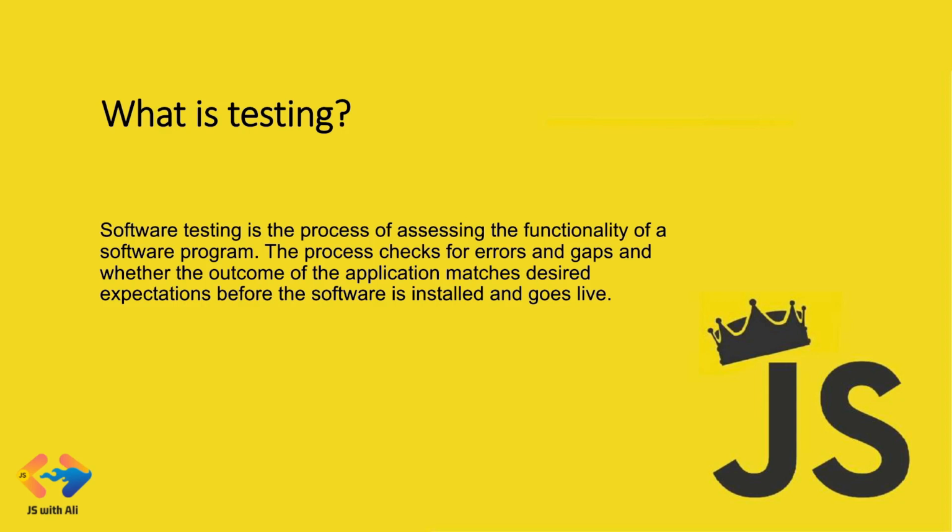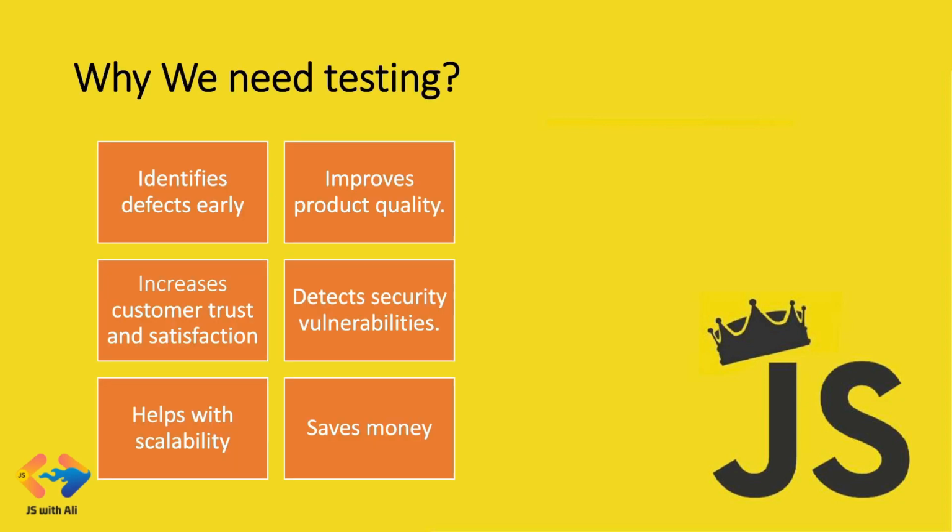According to these definitions, unit testing specifically implies testing a small block or particular part of your code that can be tested independently, for reasons like identifying defects early, improving product quality, increasing customer trust, detecting security vulnerabilities, helping with scalability, and saving money.